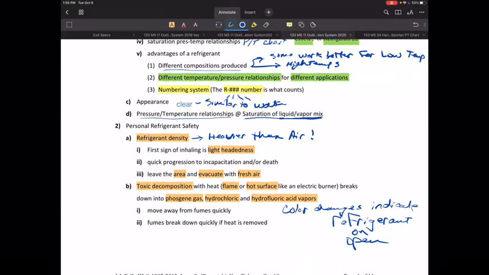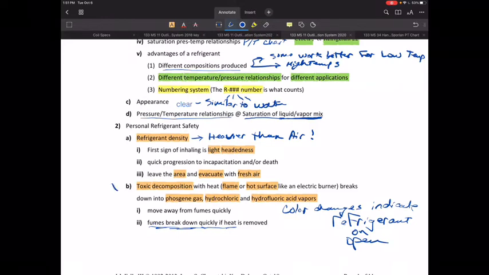And they talk about the fumes breaking down quickly if the heat is removed. So, in other words, if you pull the heat away, you'll notice very quickly that a lot of those odors dissipate into the atmosphere. If the concentration is high enough, then clearly you won't even recognize that. So you have to be a little bit cautious.